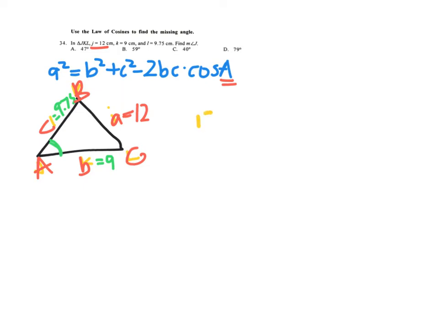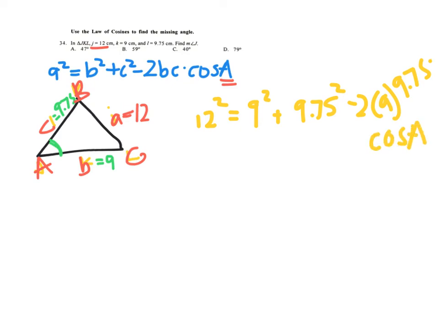So I have 12 squared equals b squared, which is 9 squared, plus c squared, which is 9.75 squared, minus 2 times 9 times 9.75, and this is all times the cosine of big A.